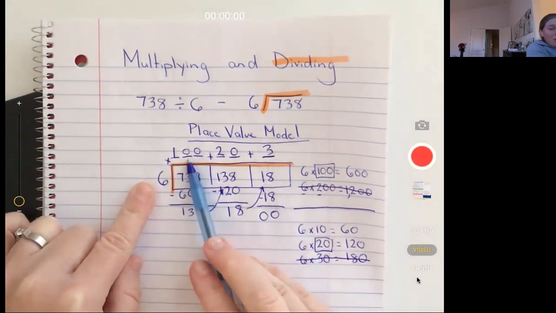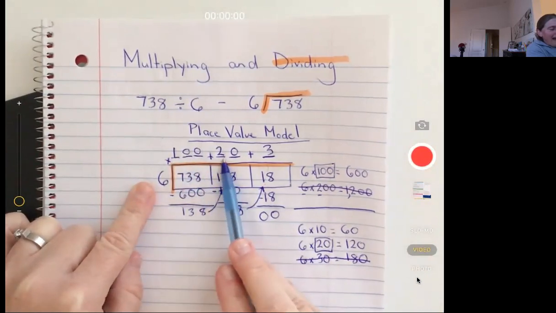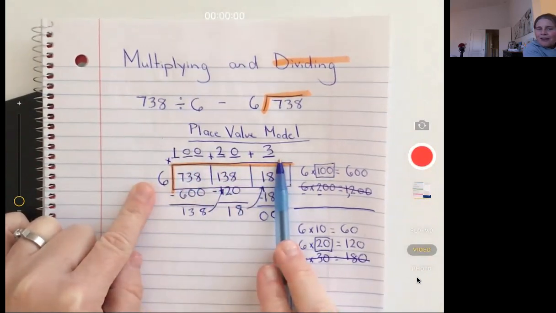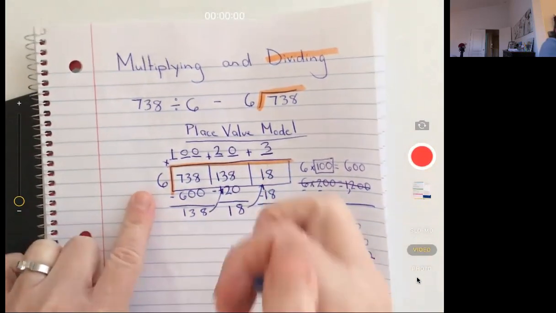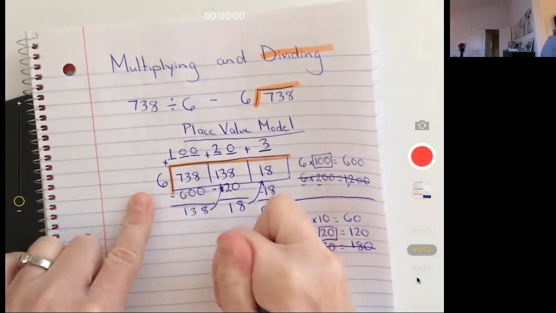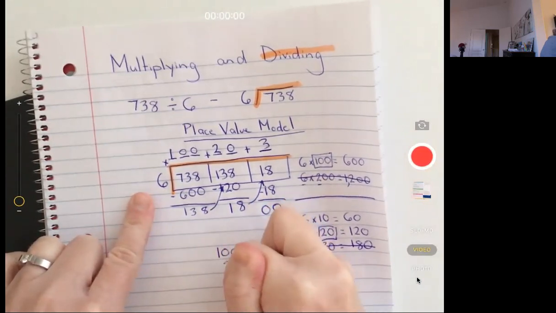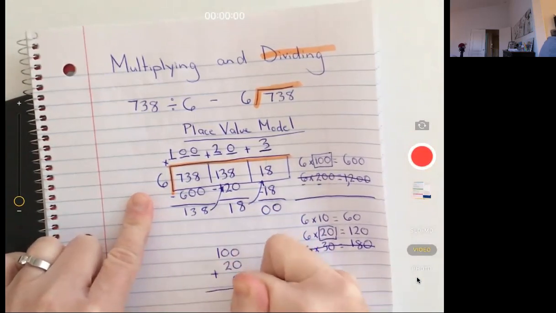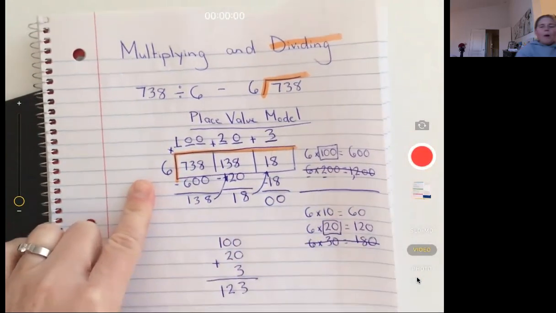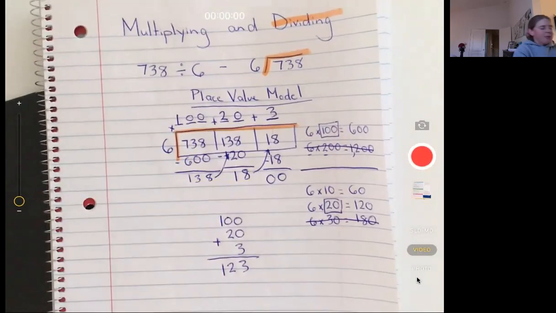Now I'm almost done. I get to add my 3 numbers together to find the missing factor. Let's do it. 100 plus 20 plus 3. 1, 2, 3. 123.